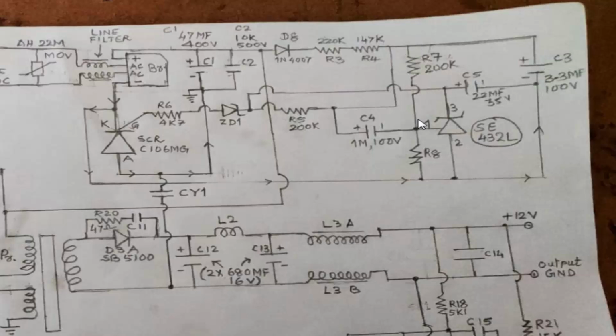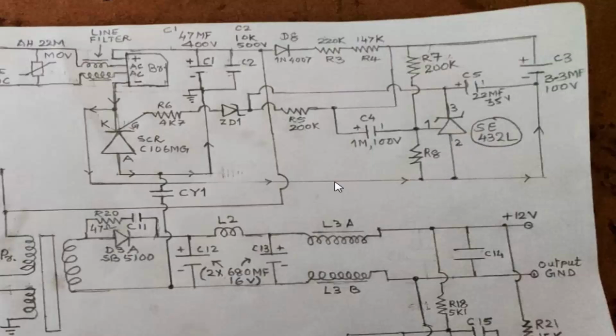Then we have 2 resistors here connected to this negative line directly, and this positive line after passing through these resistors. So these 2 resistors are dividing the voltage coming directly from the output of the bridge rectifier. The voltage divider network resistors will generate a voltage reference at pin number 1 of this adjustable zener regulator, TL431.